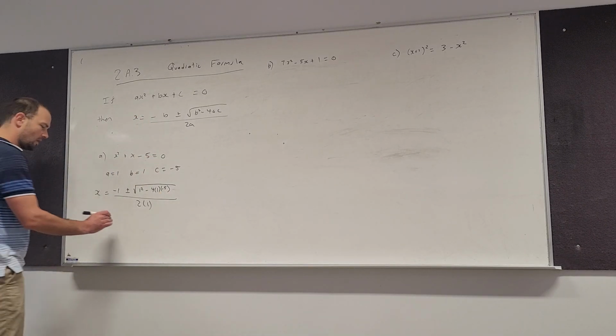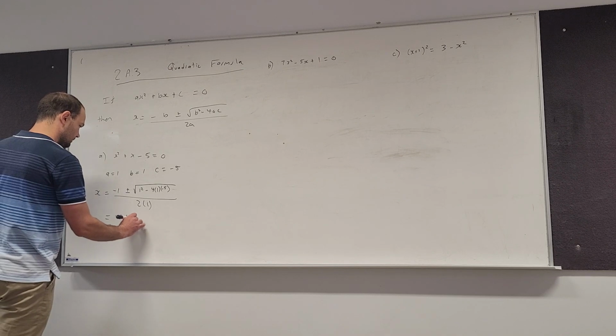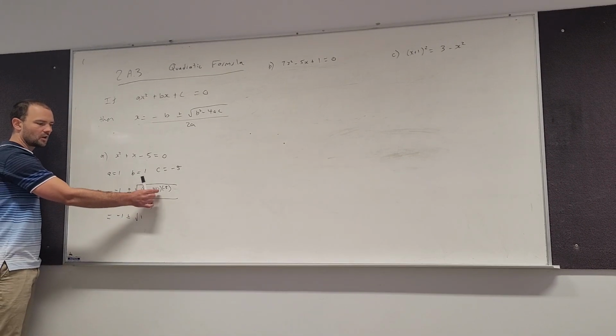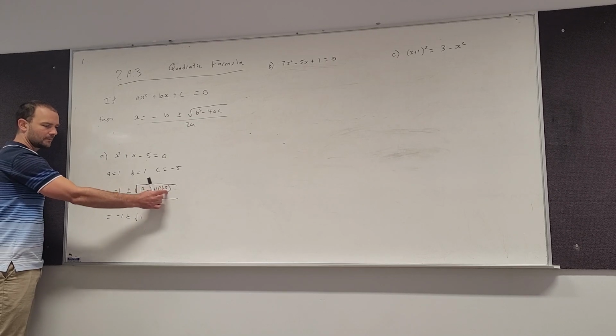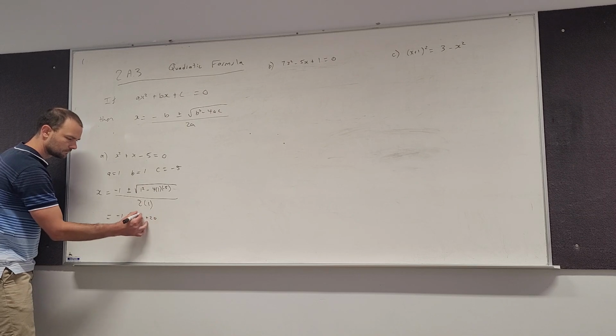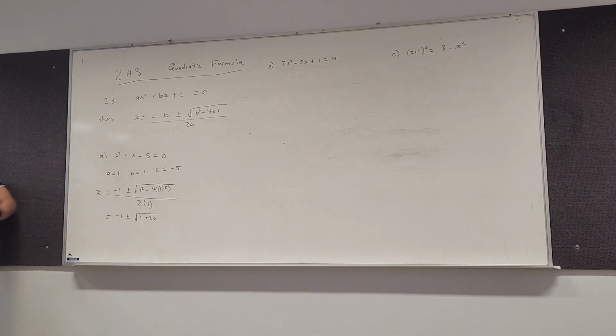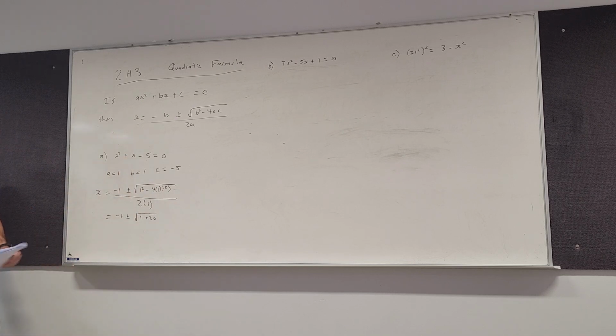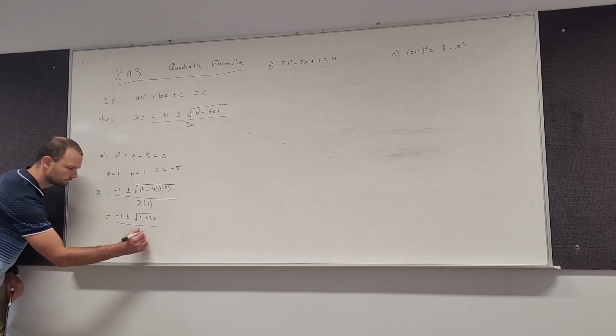So we're going to have here minus 1 plus or minus the square root of 1. Now here I've got minus 4 times 1 times minus 5. That's going to become positive 20, because the 2 negatives multiplying each other make it positive. So in the root there we have 1 plus 20.